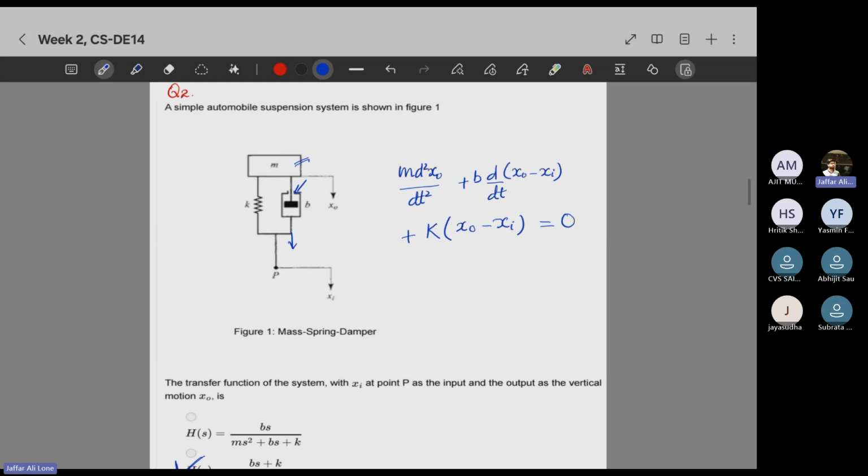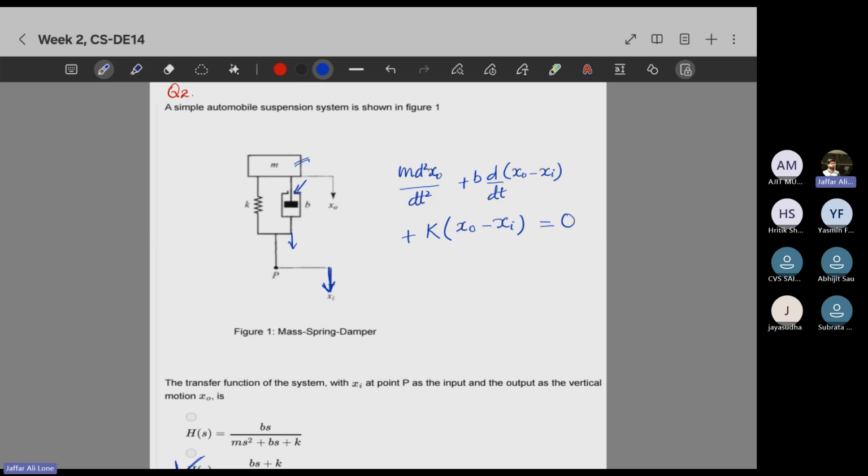See, some force is acting here, which displaces this mass, which displaces this point P2, so you get a displacement of xi.